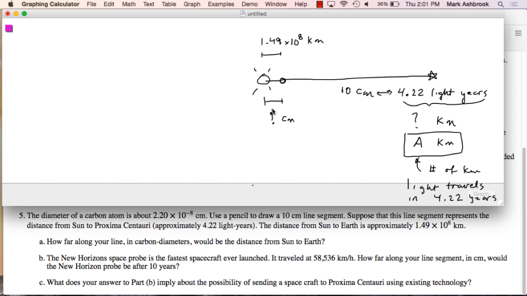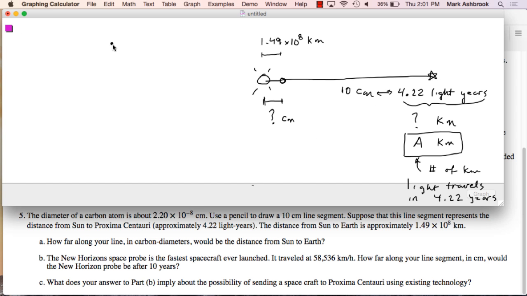So how am I now going to find out how many centimeters along my line Earth is from sun? Well, we could say how many of that number of kilometers fit into the whole number of kilometers. So how many groups of 1.49 times 10 to the 8th would fit into A?